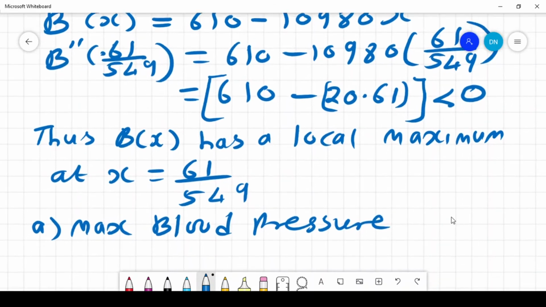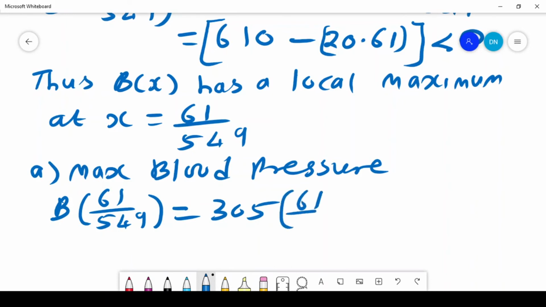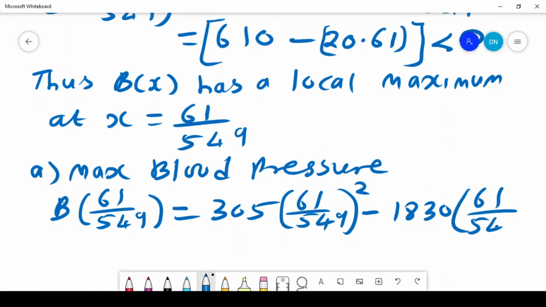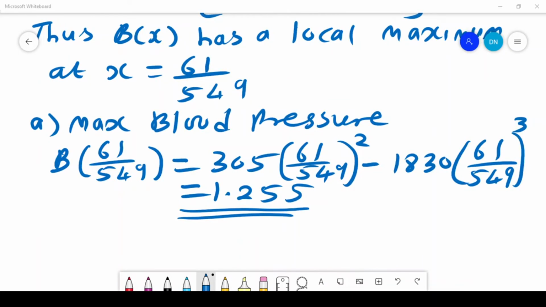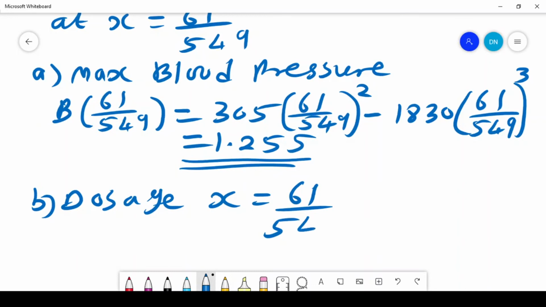It will basically be taking our B(x), where x is 61/549, and then we substitute it into this equation, then minus 1830 times 61/549 cubed. And so the maximum blood pressure will be 1.255. And then the second part is the dosage. The dosage is x is equal to 61/549.